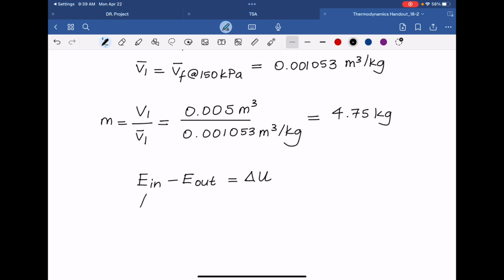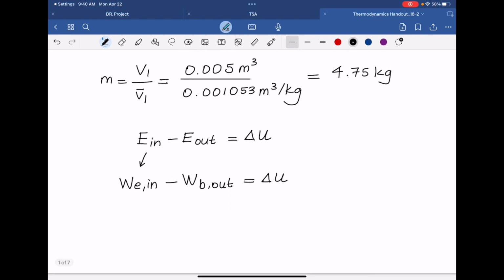When we look at it, the energy that is getting in is electric, and the energy that is getting out in a piston cylinder device here is due to expansion, the boundary work, because we know it was liquid, then some of it became steam. So there is also an additional hint there, which they told us in the problem statement: this is a constant pressure process.